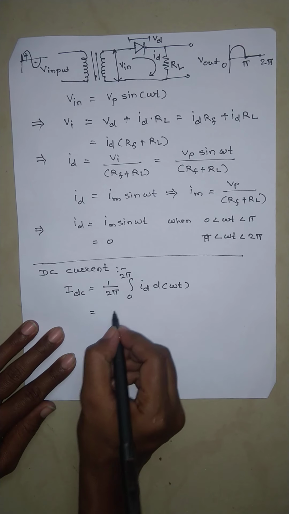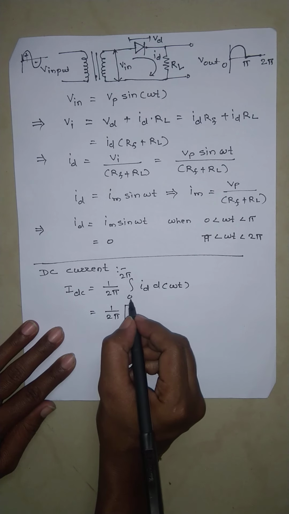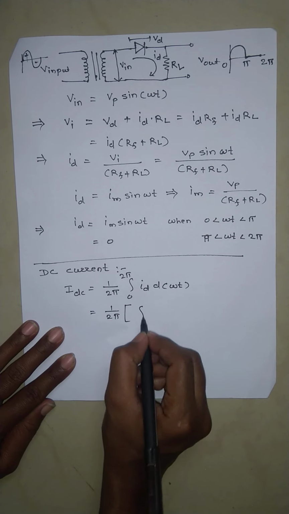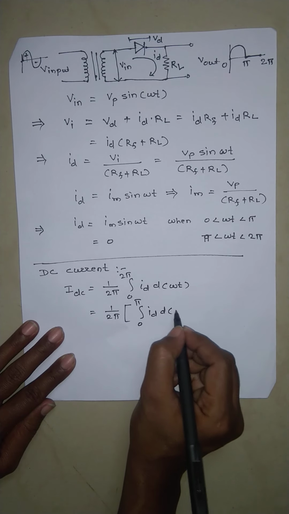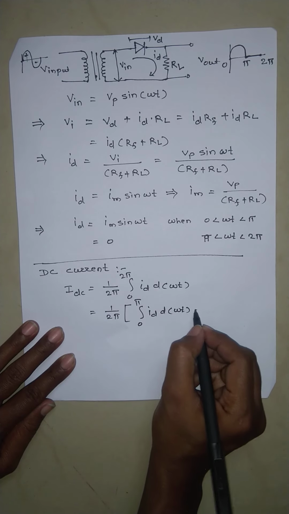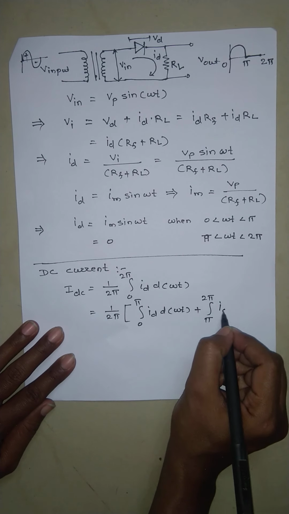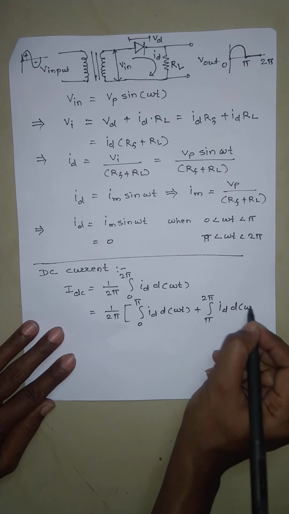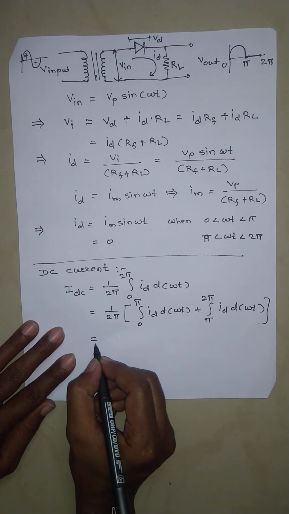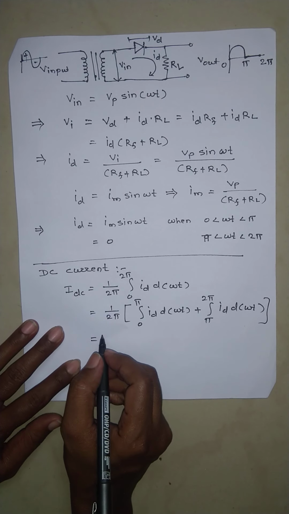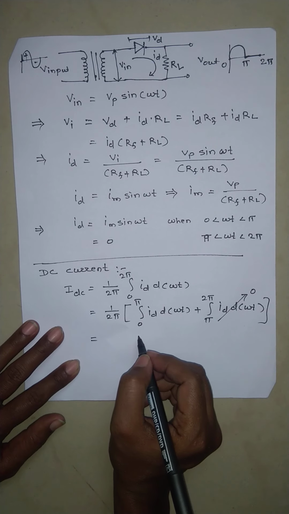So it is nothing but 1 upon 2 pi as it is. Let us divide this integration into two parts: 0 to pi Id integration with respect to omega t, plus pi to 2 pi Id integration with respect to omega t. Now the value of this is equal to 0.